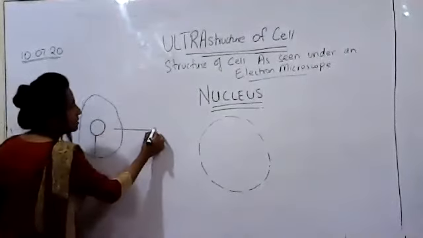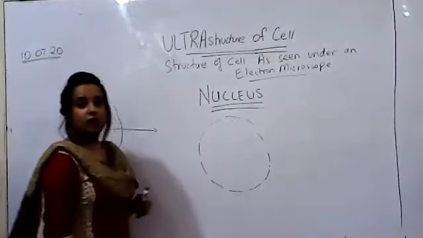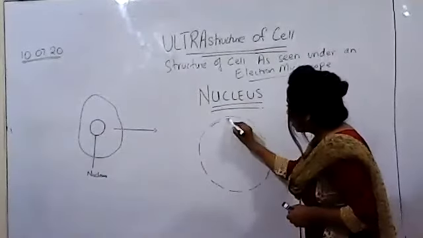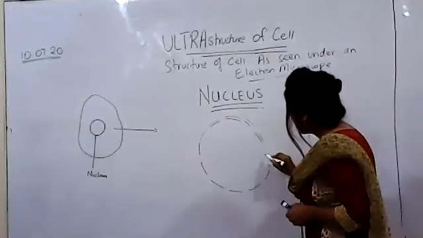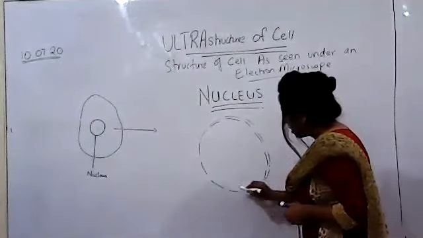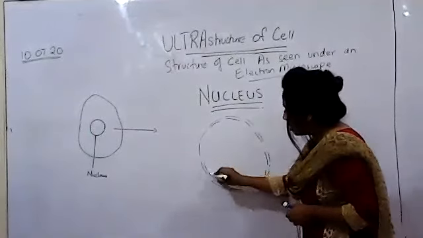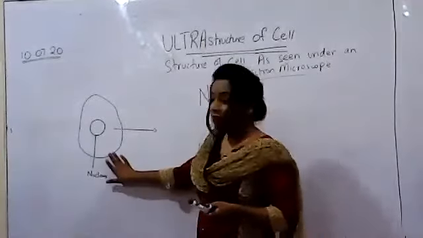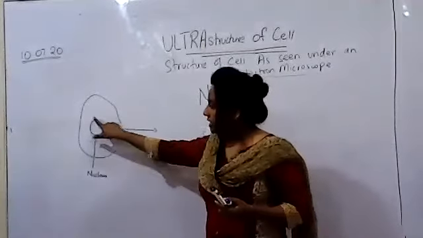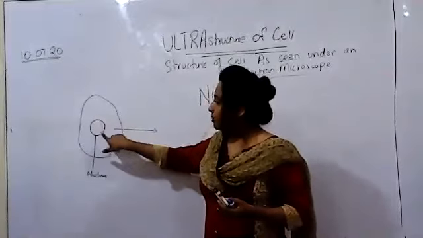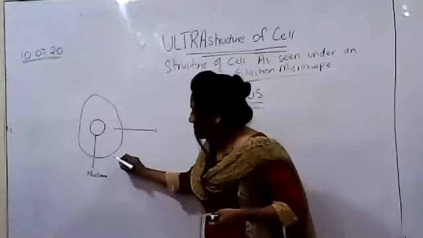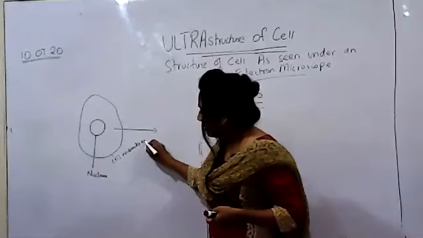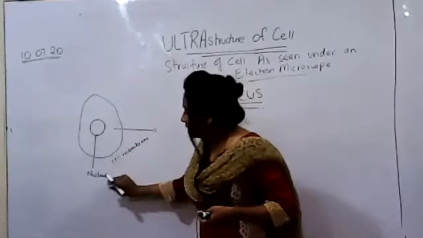This is the nucleus as seen by the electron microscope, right? This is the cell membrane or the plasma membrane, and this outside boundary is termed the nuclear envelope, right? You all already know this is the cell membrane, and this boundary is termed as what?